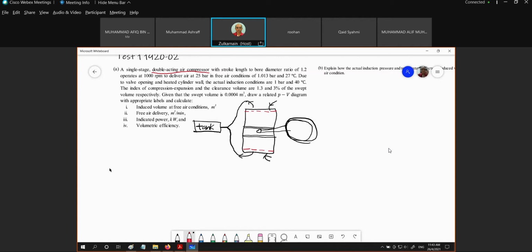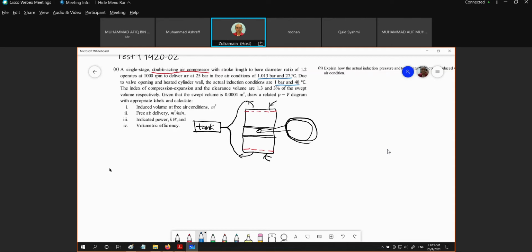We look at this later. Now, let's say this is our free air delivery condition. For the free air delivery condition, for sure, we are going to look at T and P. If we look carefully, we have different conditions for this free air and also the induction condition.